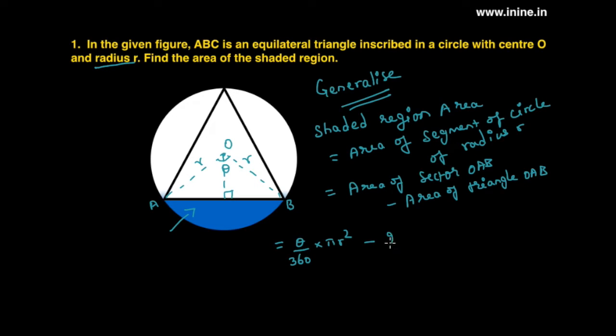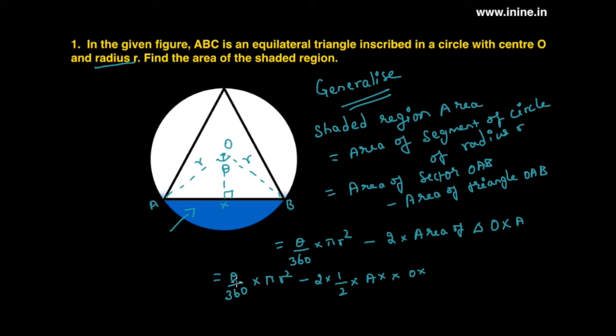So this is nothing but 2 times the area of triangle O, let's say this is X, so OXA, which again is equal to theta by 360 into pi r square minus 2 into half into AX into OX.